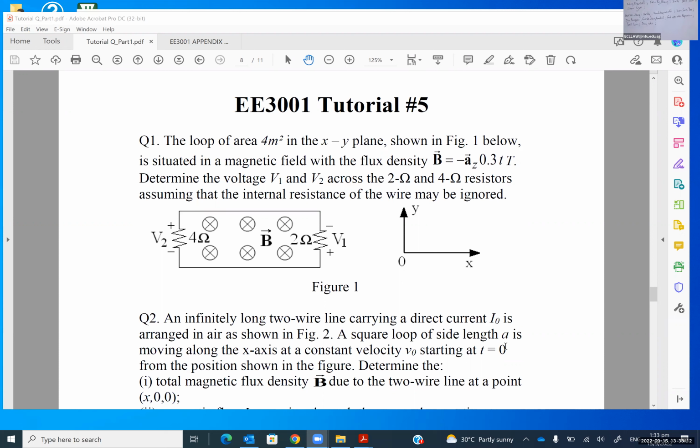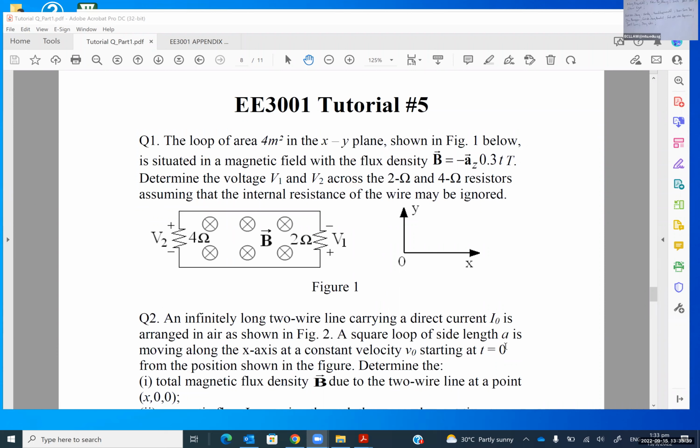Draw. Okay. So draw something. What are you going to draw? Magnetic field.